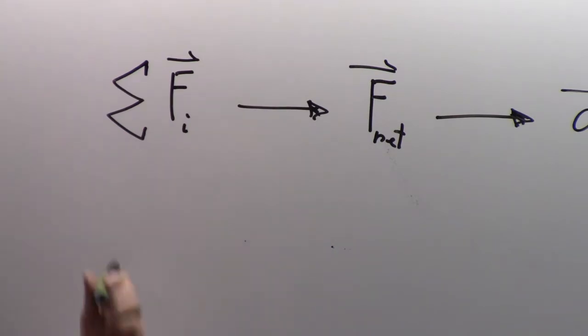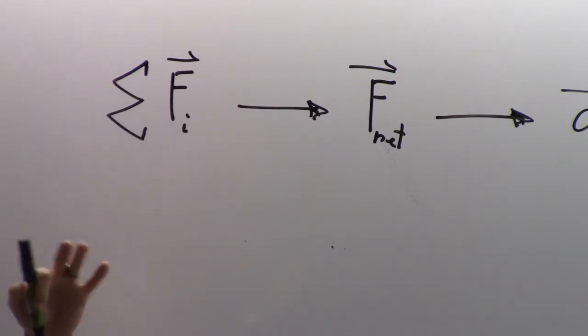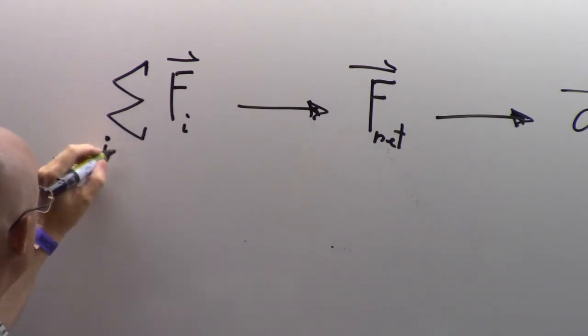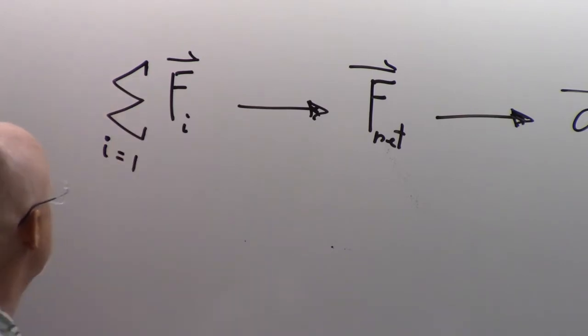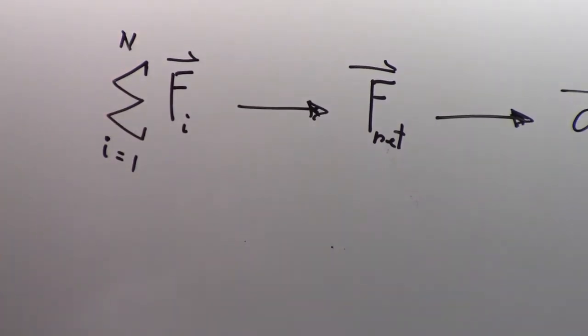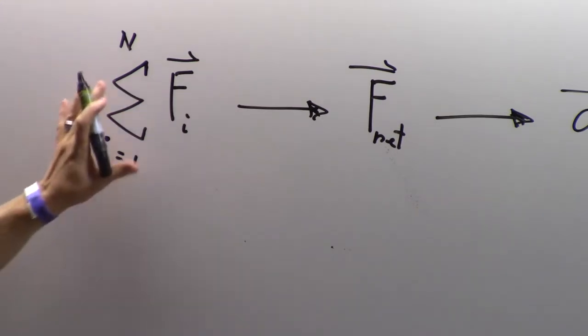But have you guys seen the capital sigma, meaning add up a bunch of things? Okay, good. You guys are shaking your heads. And so if you have a force 1, and then a force 2, and then a force 3, and let's just say you have n forces, what we're going to do is add up those forces.